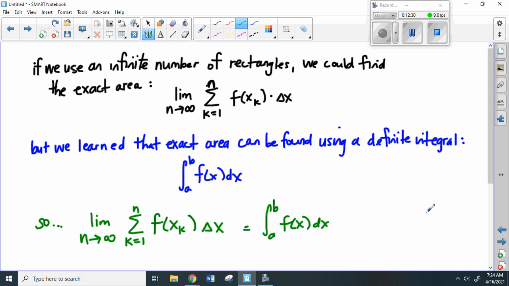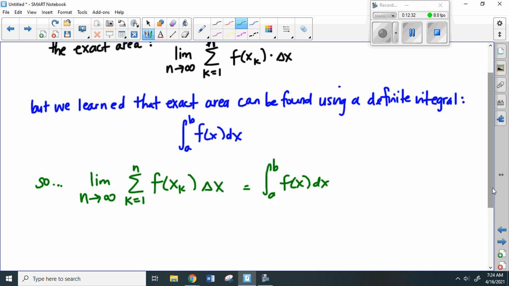And since they're equal, we should be able to convert back and forth between the two. And that's exactly what we're going to do today. We're going to convert back and forth between the two.